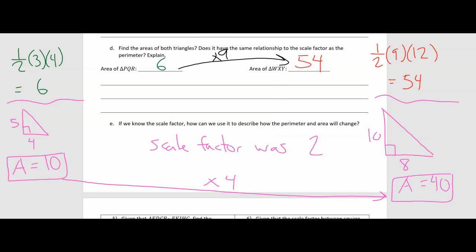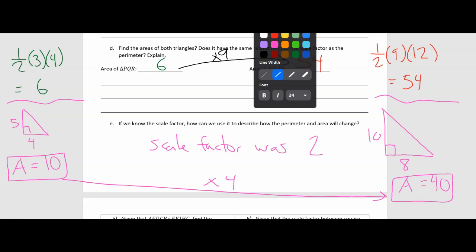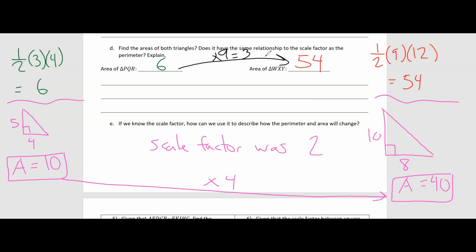So compare both of these examples, and if we know the scale factor, is there a way to know how the area will be affected? Here we're not multiplying by the scale factor, but by the square of the scale factor. So notice up here, 9 is equal to 3 squared. Down here, 4 is equal to 2 squared.